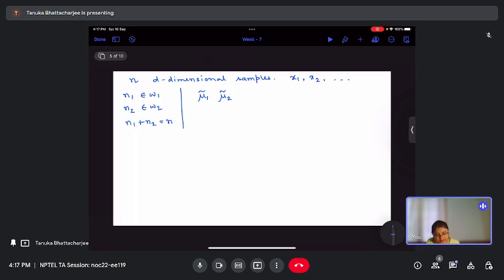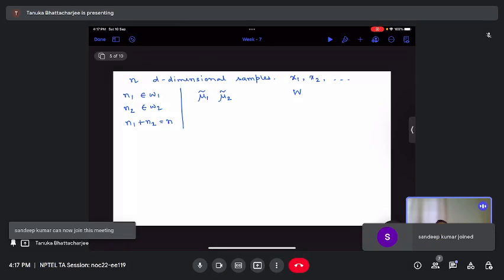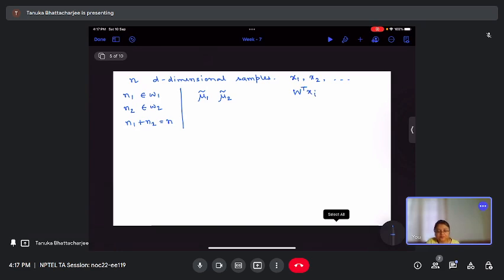Now let's say W is the projection direction along which you are projecting your data by MDA. So your projected data points will be W transpose Xi. Let us denote these by Yi. So these Yi are your projected data.